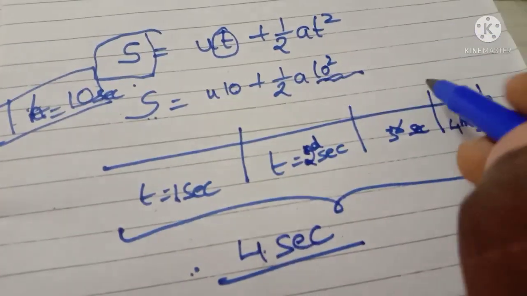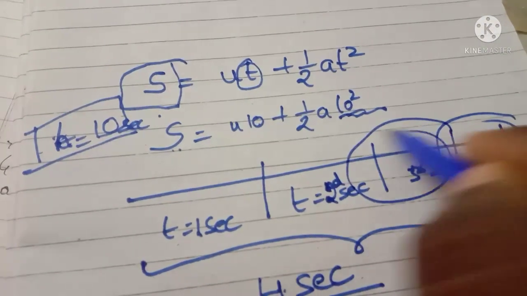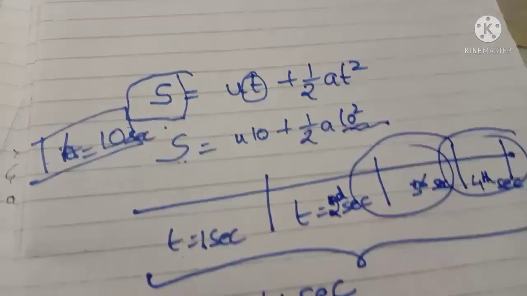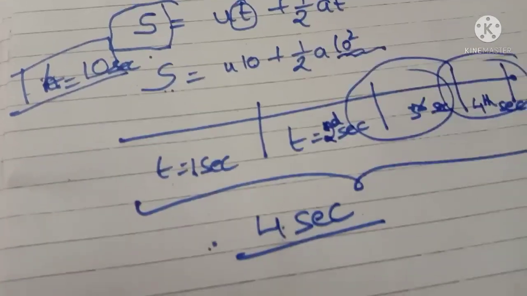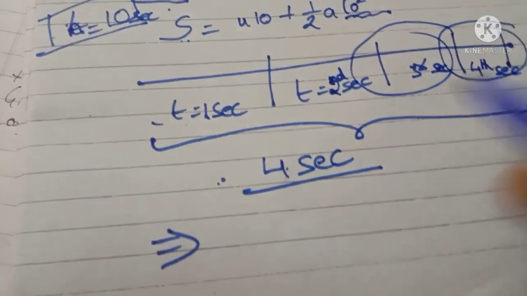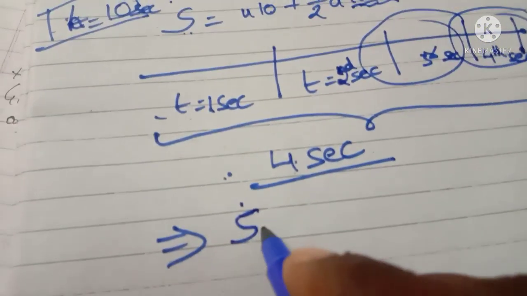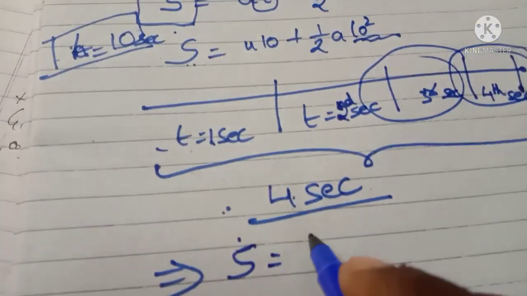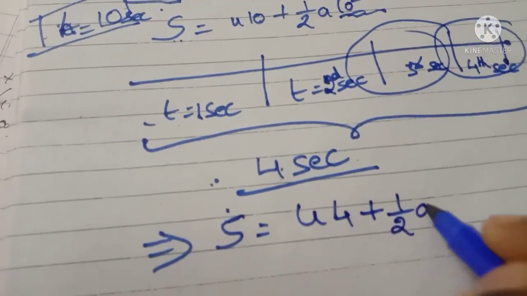Now I want the distance for the fourth second, or else the distance for the third second. So whenever you want the distance for a particular second, what will you do? The total distance traveled for 4 seconds is u into 4 plus half into a into 4 square.